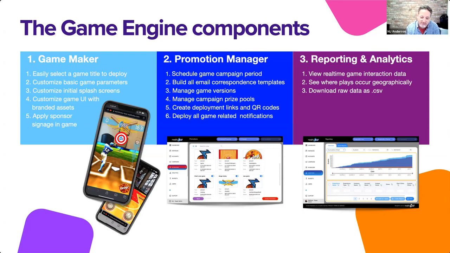You can have as many versions of the game running simultaneously as you like. You can set up these promotions to run on a time interval, based on a weekly campaign or a monthly campaign. It's also used to deploy the actual QR code or the links that you're going to use to get the fan into the game to play.